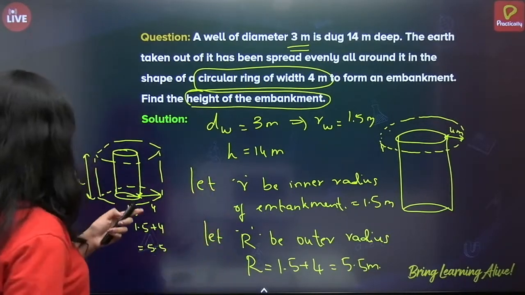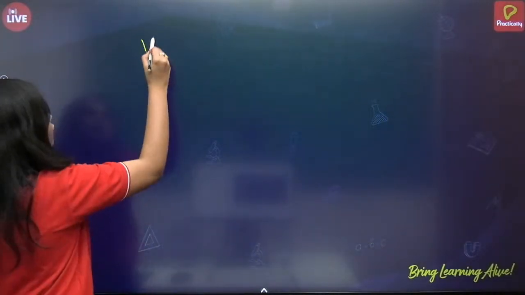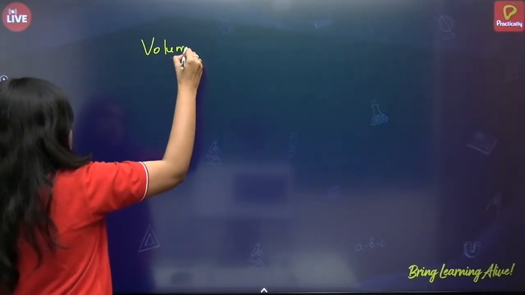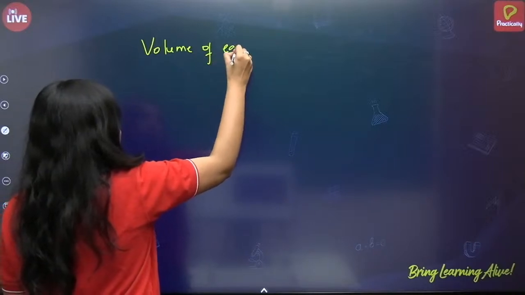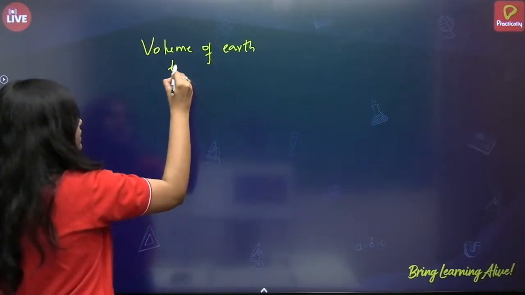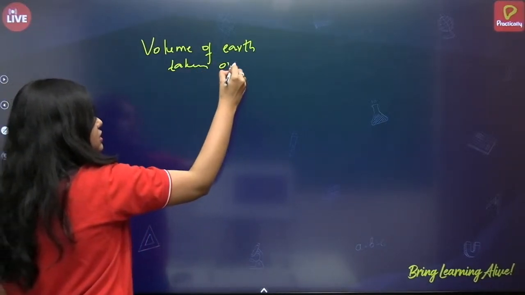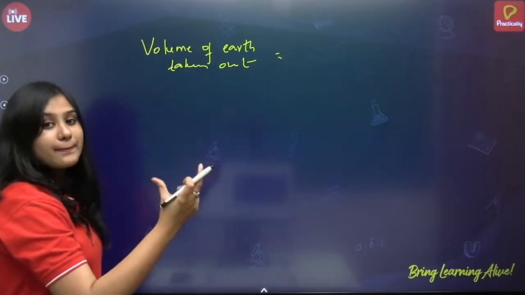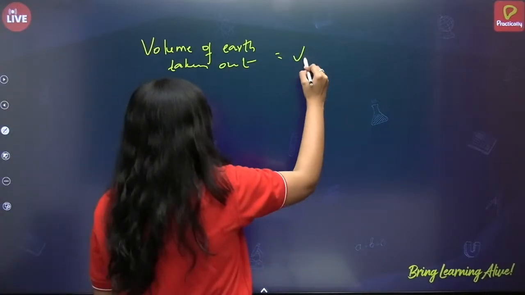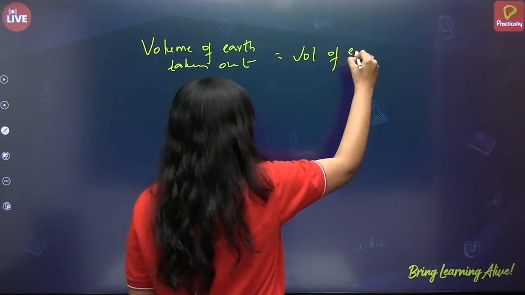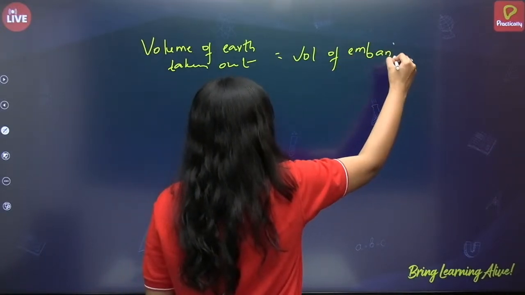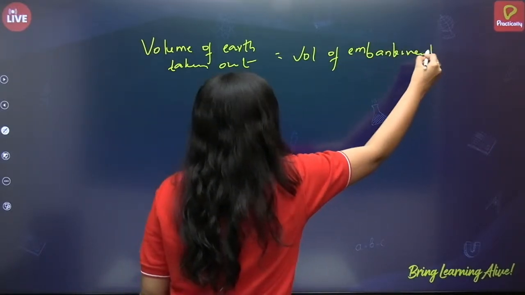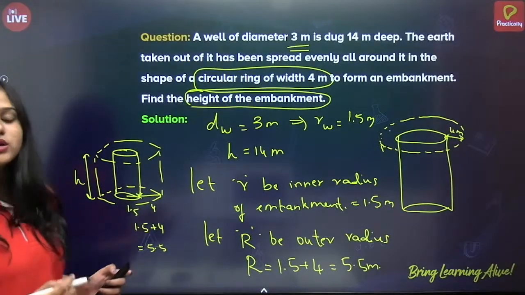So, volume of earth taken out is equal to volume of the embankment. What is the volume of the earth taken out? Cylinder.